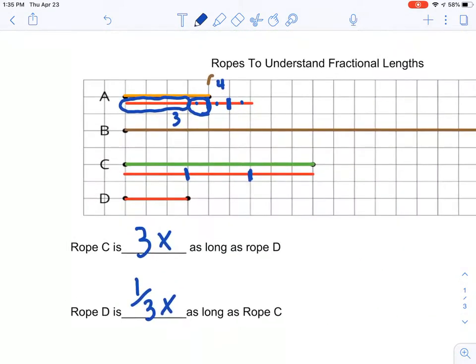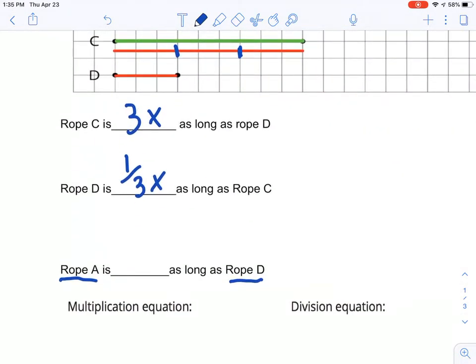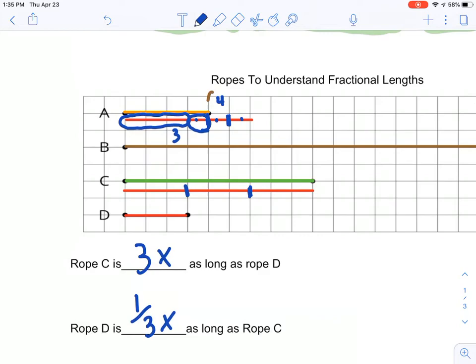Okay, so that means that rope A is 1 and 1/3 times as long as rope D. So as you can see, it fits in 1 full time plus 1/3 of a time.